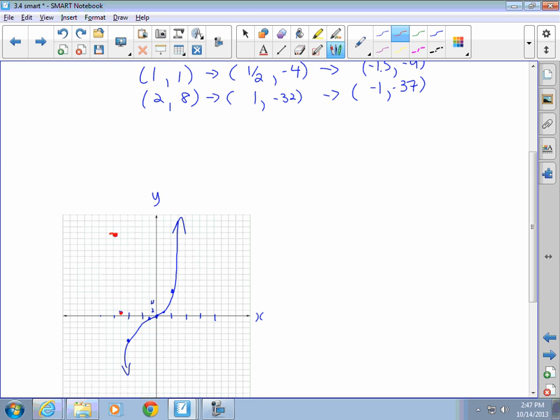Then it was at -2 and -5. So -2 right there and -5, about right there. And then it's -1.5 and -9. So -1.5 and 2, 4, 6, 8, 9. And then -1 and -37.